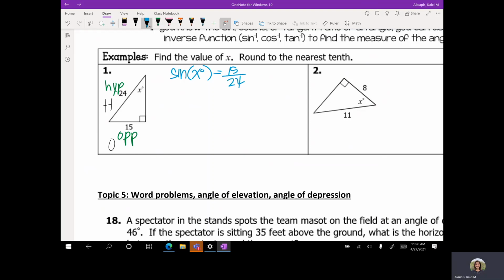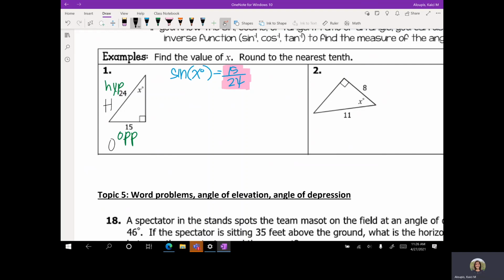Okay, multiple ways to solve this. I'll first go through how we can use the trig table. If you want to use the trig table, it's going to be an approximation. What we do is ask ourselves, what is the decimal value of 15 divided by 24?